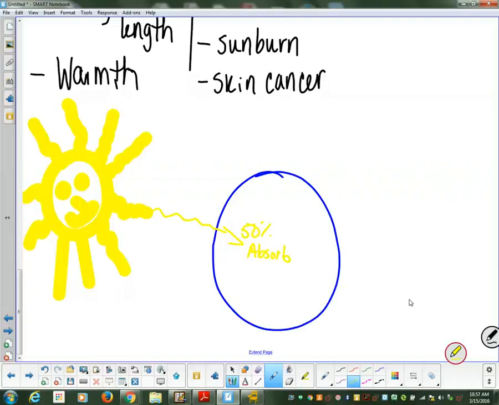Okay? And you've experienced some of these radiation waves because you might have been driving down the highway and you look and you're like, hey, look, it looks like there's water that's at the end of the road. What is that called? Looks like there's water that's there. And as you get closer, there's no water that's there.